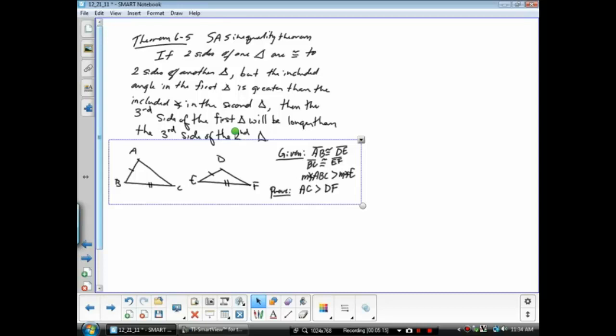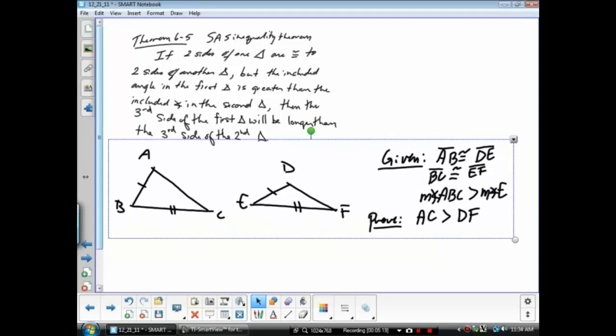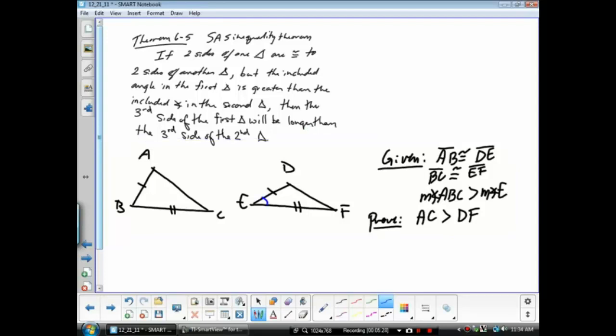Now, what I'm going to do to work with this is I'm going to draw a ray BZ that gives me an angle that's congruent to angle E. So we're going to draw a ray BZ that makes an angle with BC that's congruent to angle E. Now when we do that, we're going to mark off on this ray a point X so that BX is equal to ED.